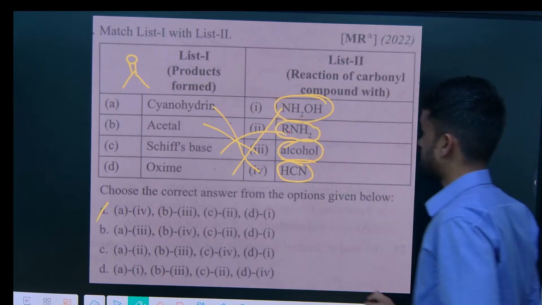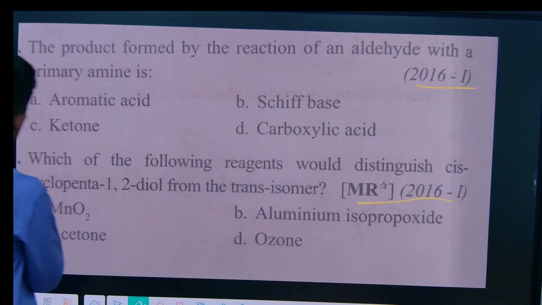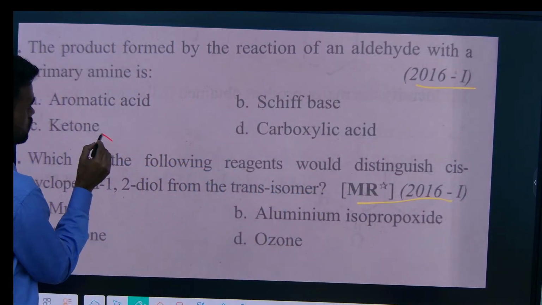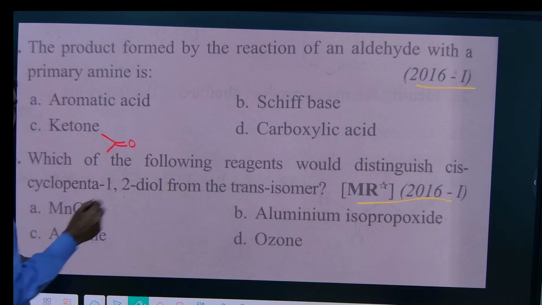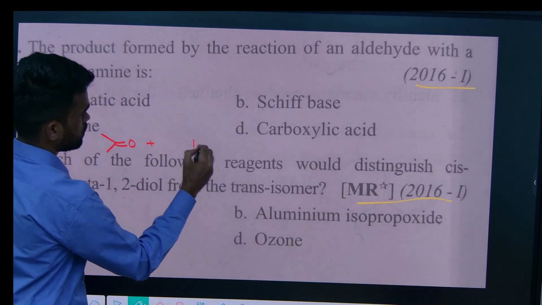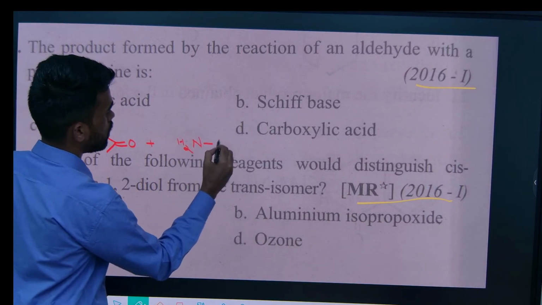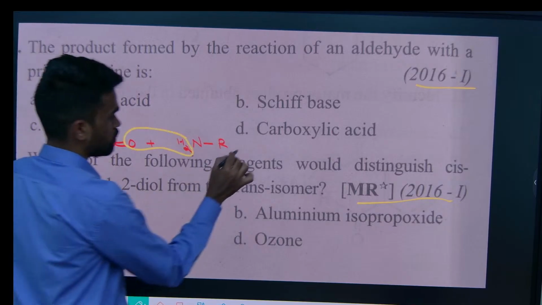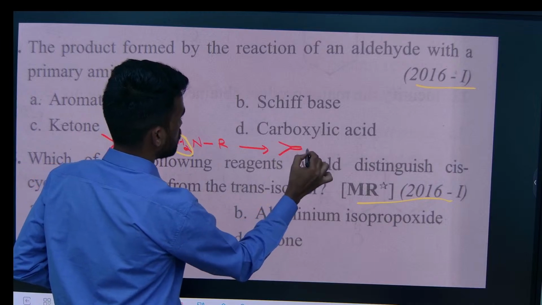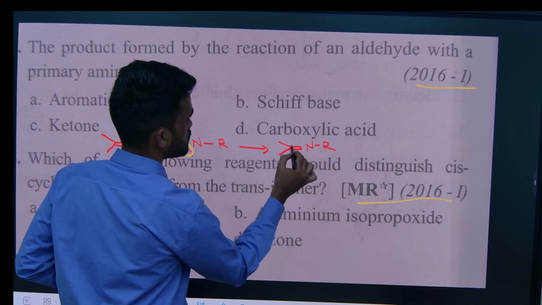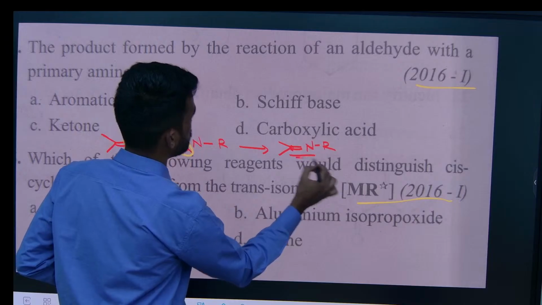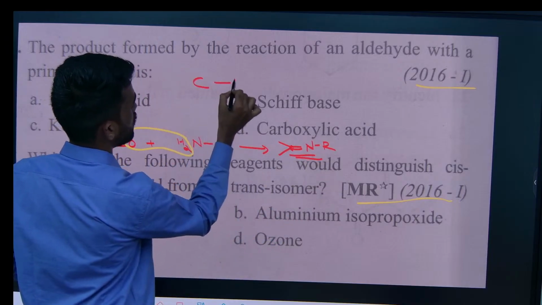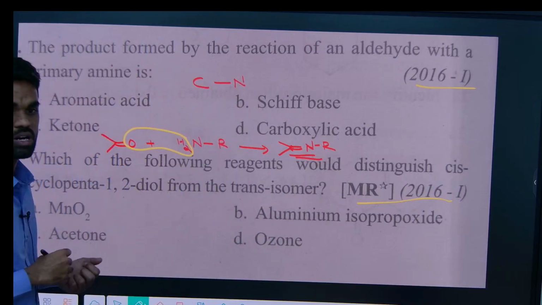So let me show you the reaction. See, this is a carbonyl compound, NH2R. So what I am saying, remove water. What is remaining? C=NR. So this kind of compound. See, normally if C and N have a single bond, what do you call it?